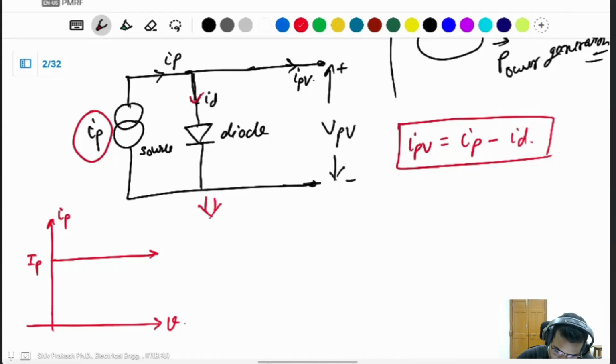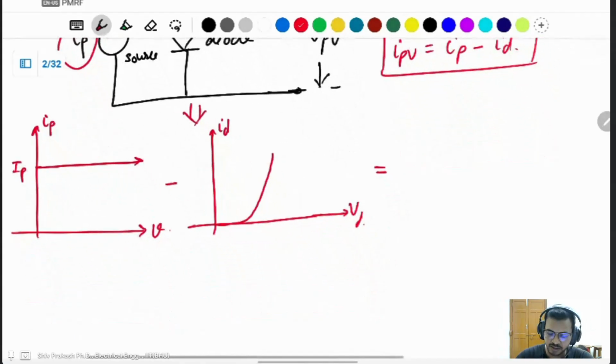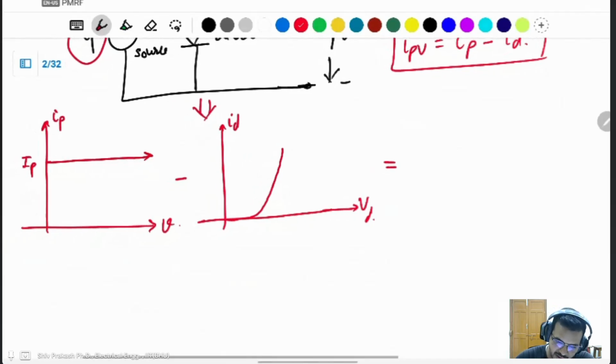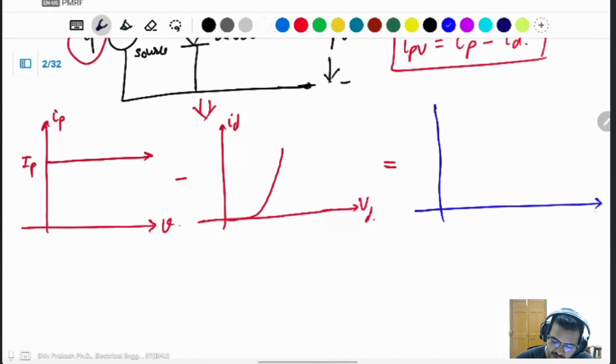Then you subtract the diode current from this one, ID, VD. Then what is the main characteristic of the PV cell? After subtraction of the diode current, we will get the VPV, IPV characteristic.